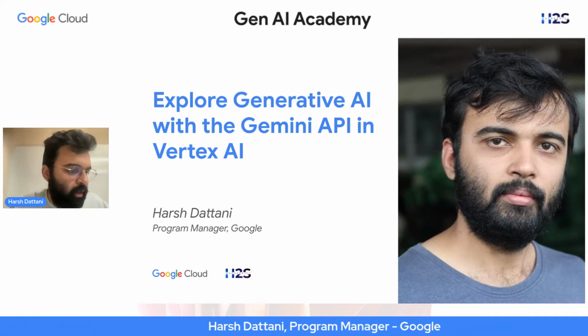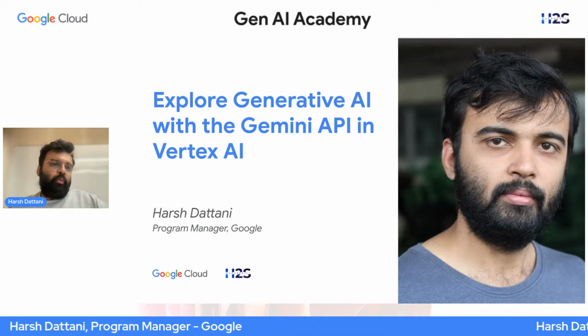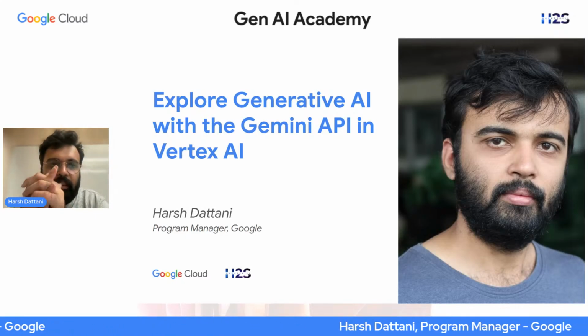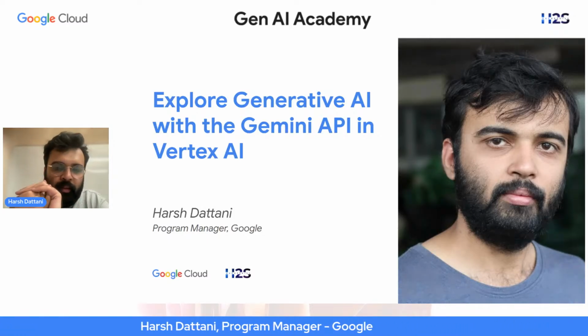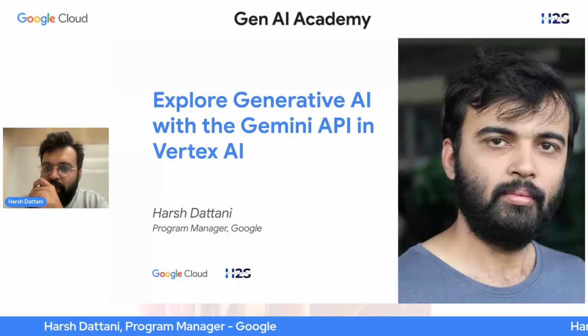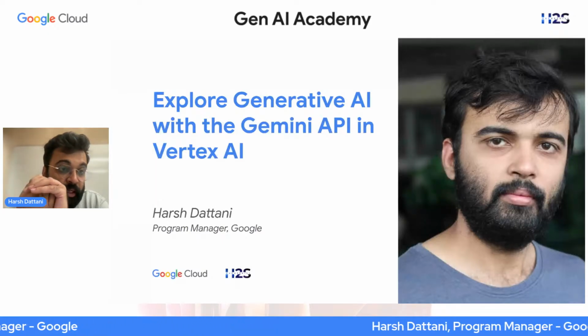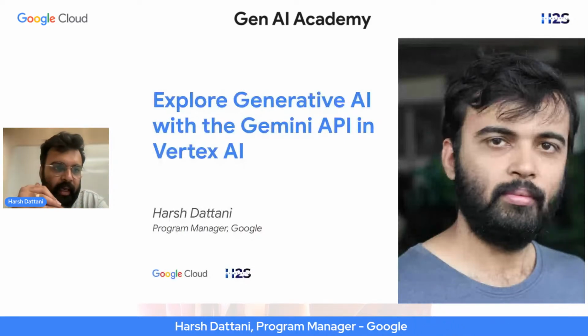Today we are going to cover how we can use generative AI using Gemini API and through Vertex AI. It's a very easy lab that we are going to do. There were a few other masterclasses as well where I showed you Gemini and how Vertex AI works.